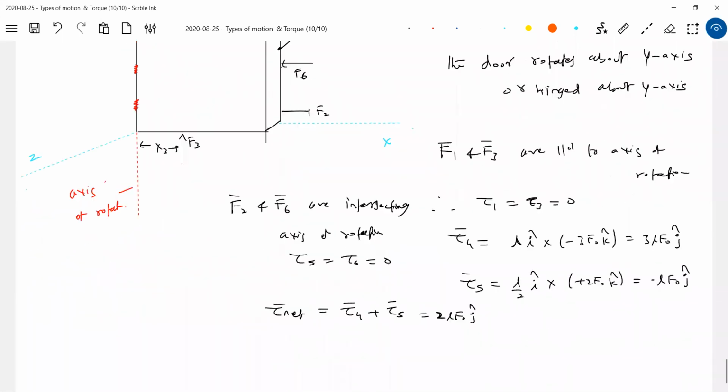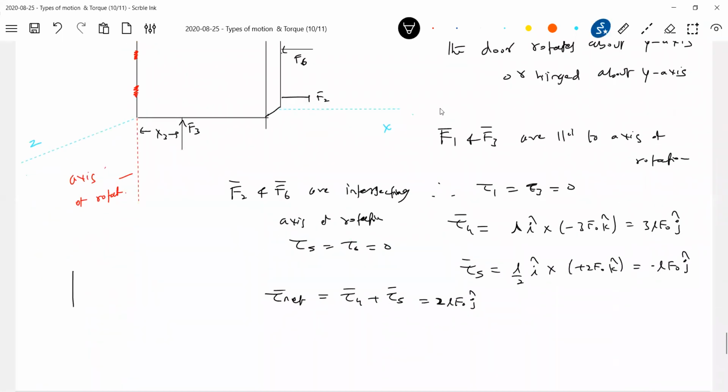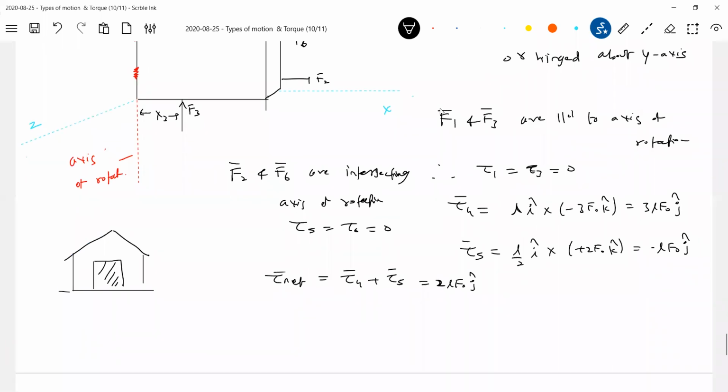So if this is the house, please do understand these are very general things. Now initially what happened, the door is closed here. So when I apply such a torque, the door will get, okay, this is 2.